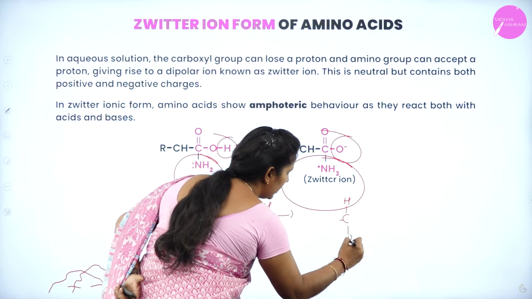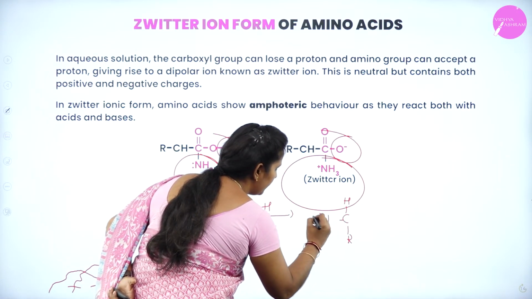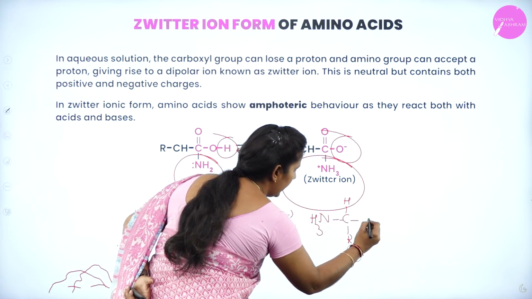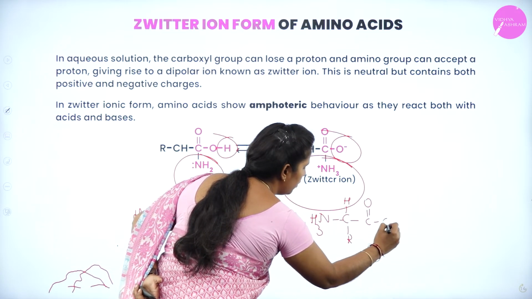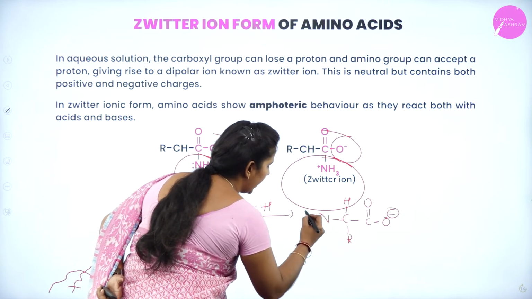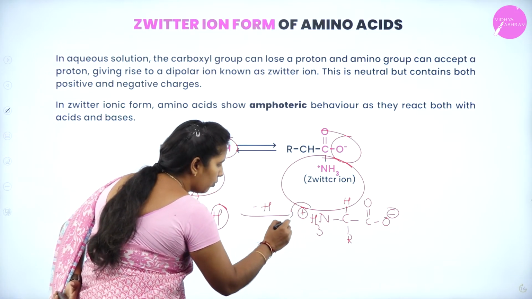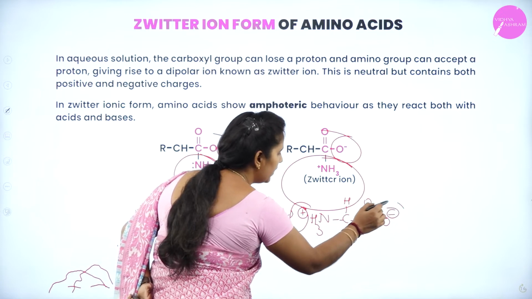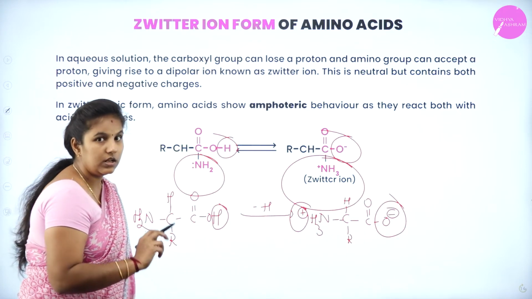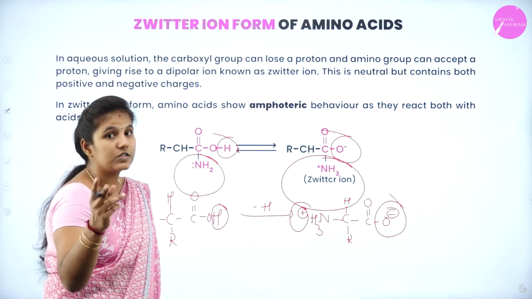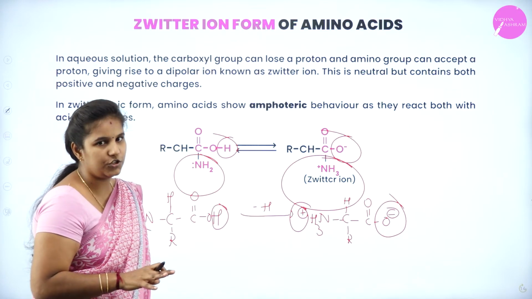CH R NH3 and C double bond O minus. So H carries a plus charge. You can see that there is one positive charge and one negative charge on the oxygen. So there are dipolar ions formed in an aqueous solution.